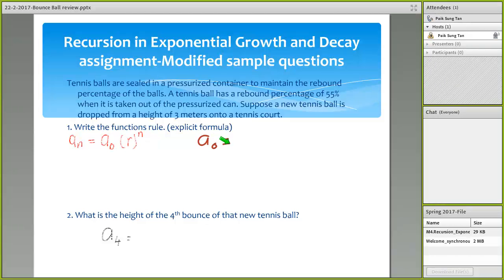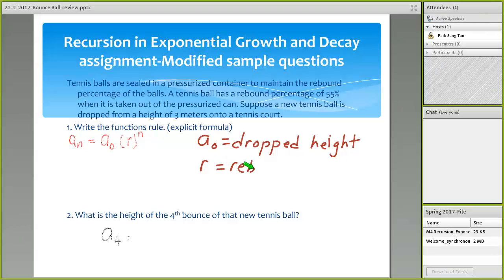A sub 0 is the initial height, the original height. So the drop height from here. And then what is R? R is the rate.